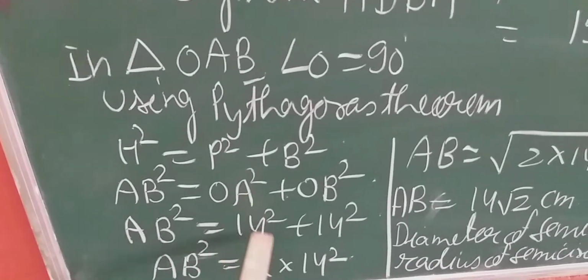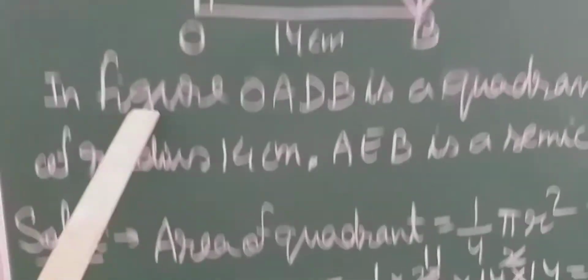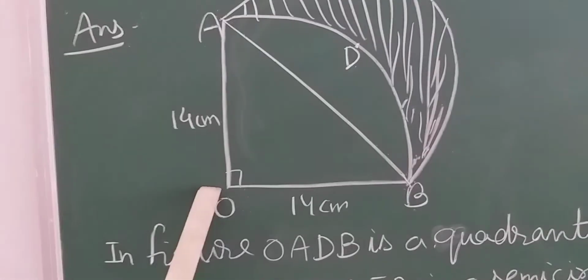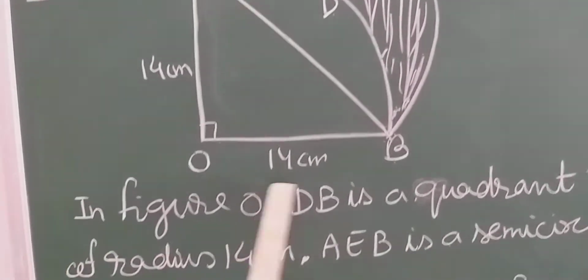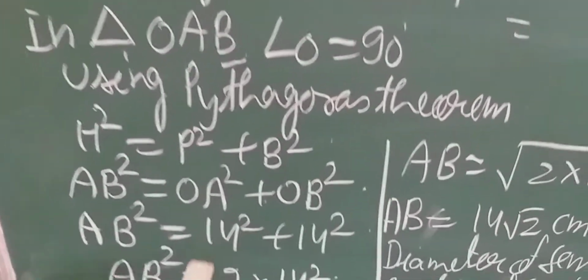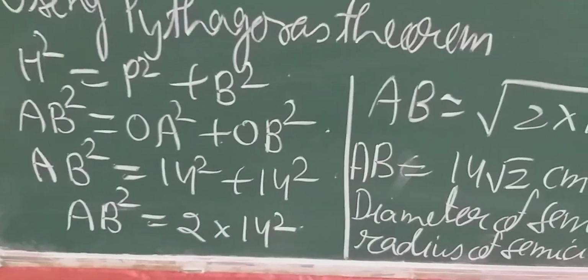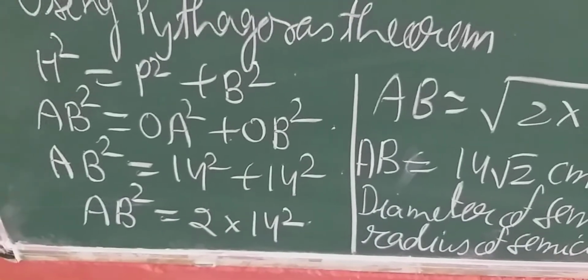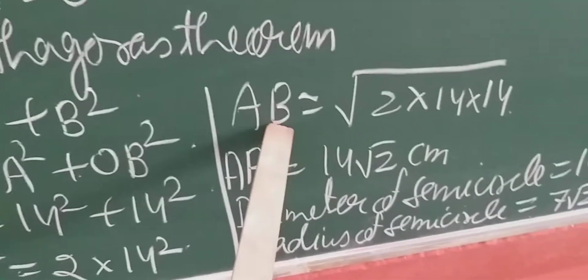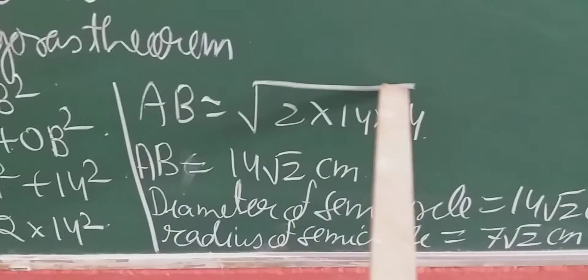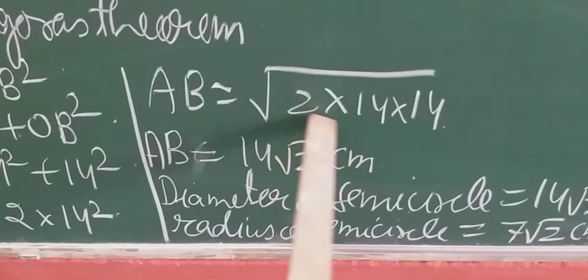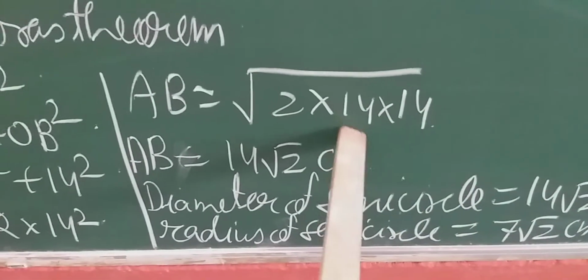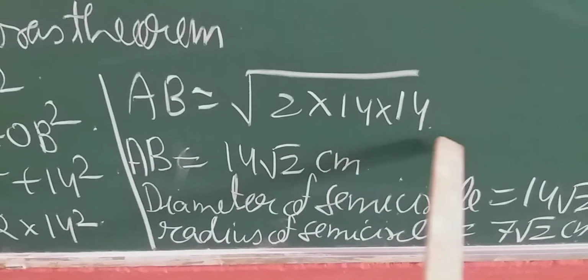AB square equals 14 square plus 14 square, because OA is 14 and OB is also 14. So we can write 2 into 14 square. AB equals root of 2 into 14 into 14.